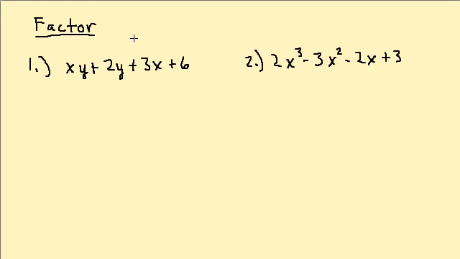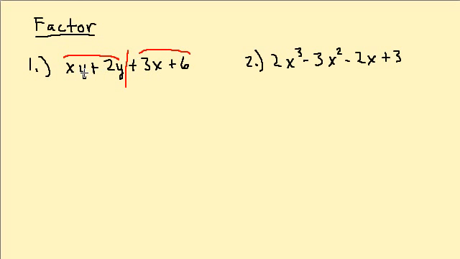Alright, notice here I have a polynomial. I have four terms: xy plus 2y plus 3x plus 6. Now, to factor by grouping, what you want to do is you want to split this down the middle. Okay, you want to split it in half and look at the first part and look at the second part.